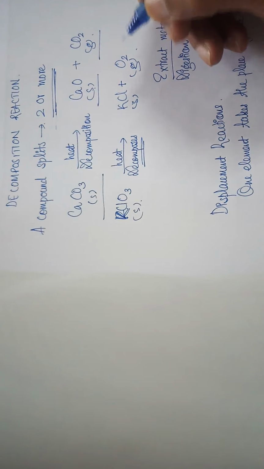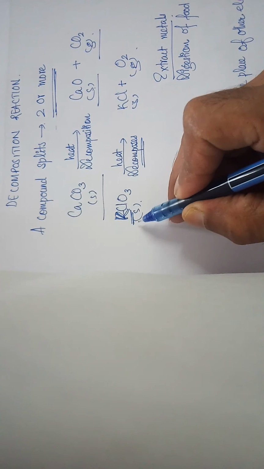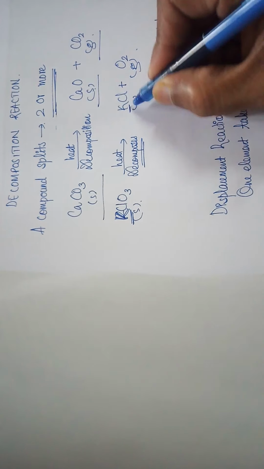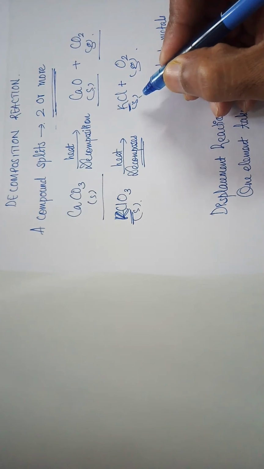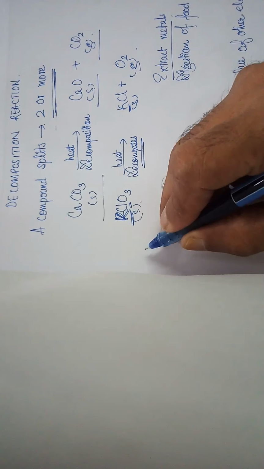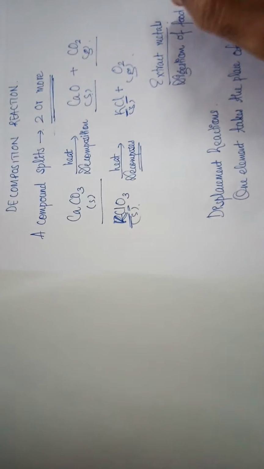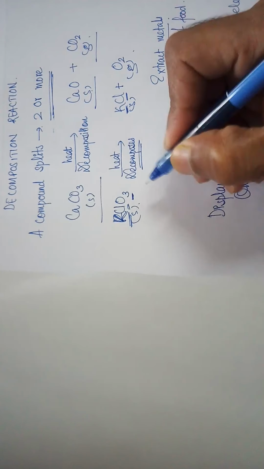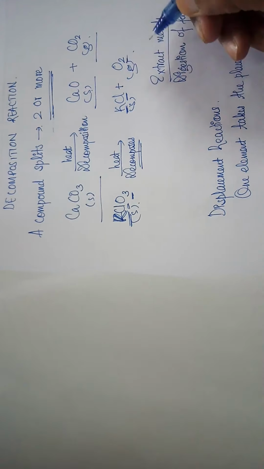1 K, that is potassium, on the left hand side, the reactant side, and 1 potassium, K, on the right hand side, the product side, that is equal. Chlorine is 1 in the reactant side and 1 in the product side also. Oxygen is 3 here and oxygen is 2 in the product side.